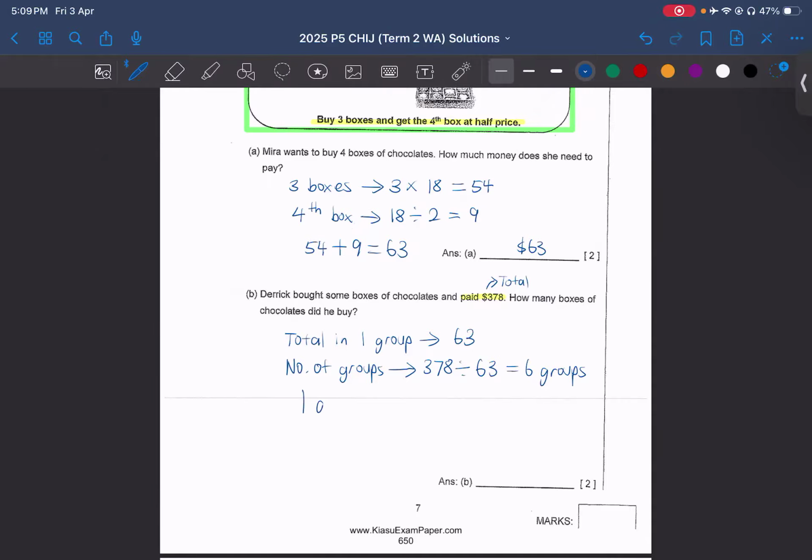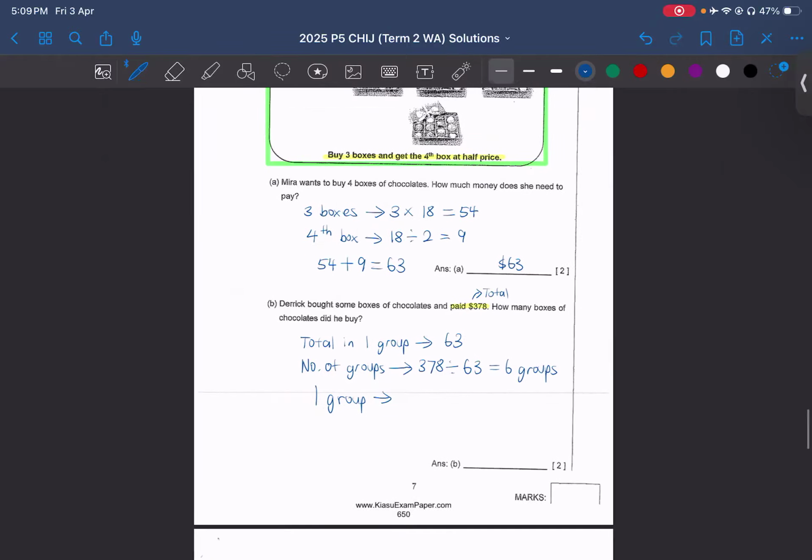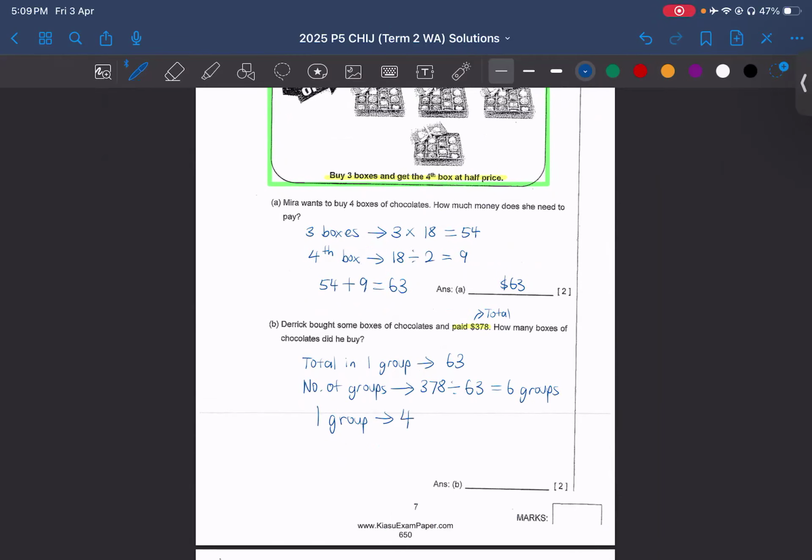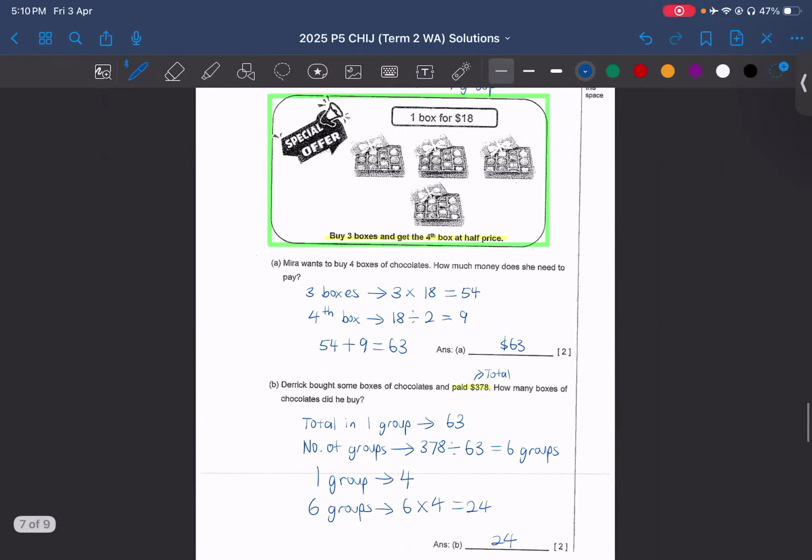In one group, there are 4 boxes of chocolates. To find how many boxes he bought in 6 groups, we take 6 multiplied by the number of boxes of chocolates in one group, which is 4. So the total number of chocolates he bought is 24. Okay, that is for part B.